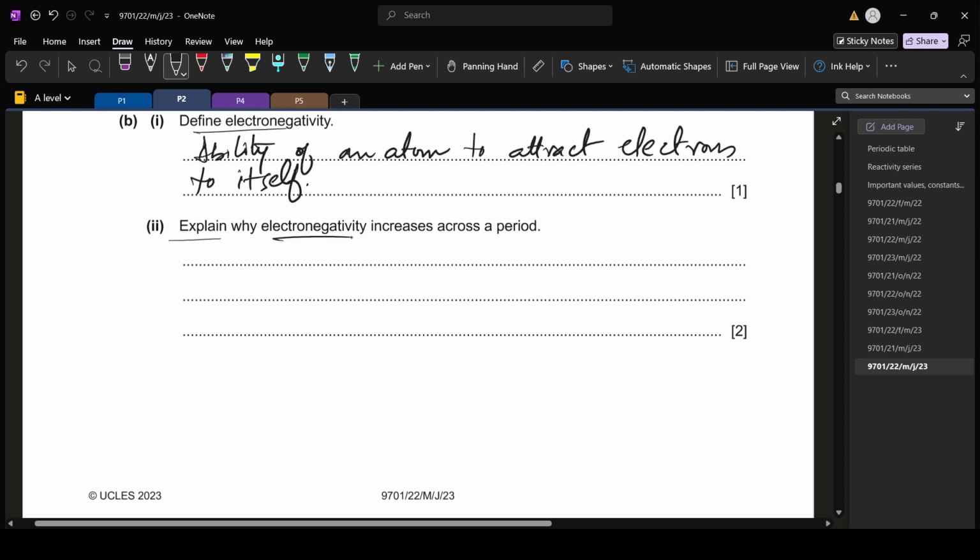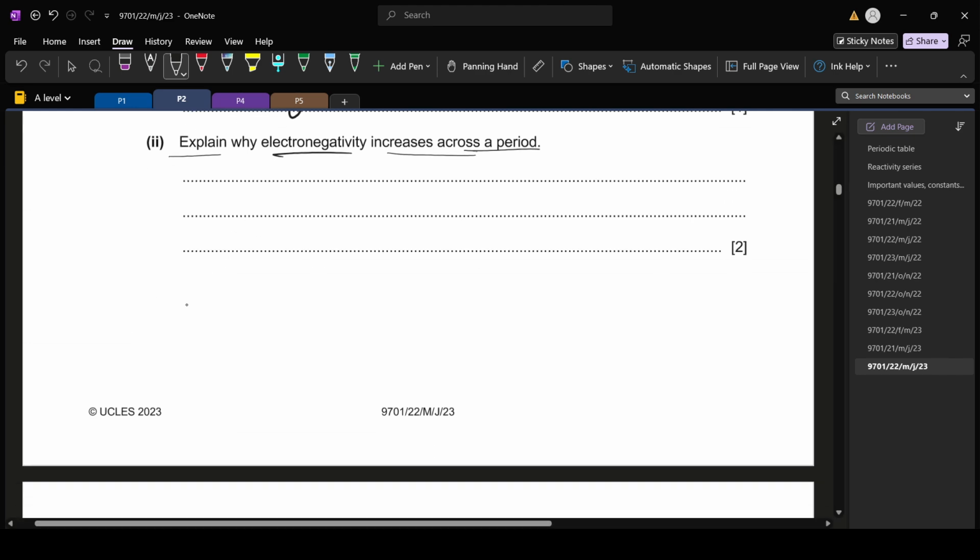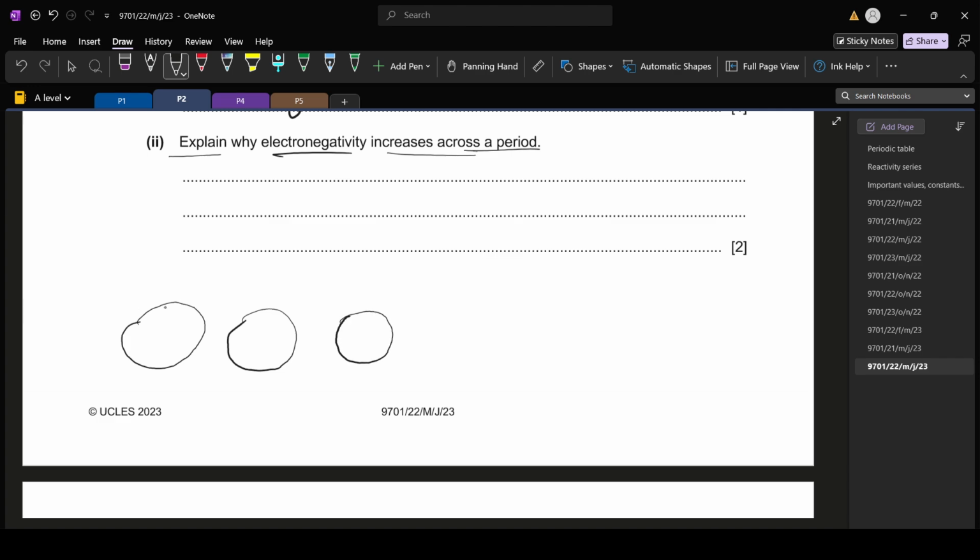Now explain why electronegativity increases across the period. Across the period, the radius of the atom decreases because the nuclear charge increases. The nuclear charge is the proton number, and the proton number increases across the period.